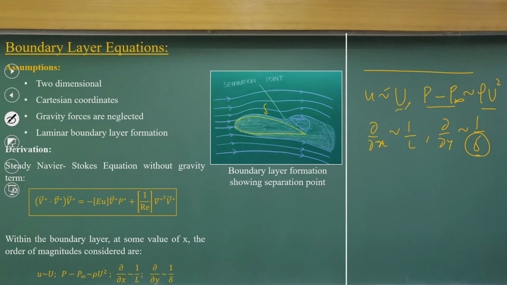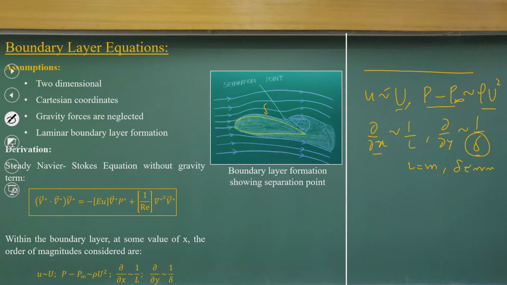That means, if L is in meters, your del by del x will be in meters. If delta, as I said, is in the order of millimeters, it will be in the order of millimeters. The understanding is that, not in terms of the unit, but in terms of meters, 5 meters, 10 meters, 20 meters, your L in x will also vary on that order.